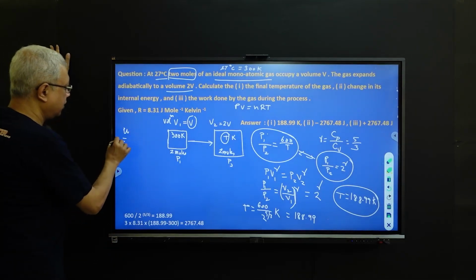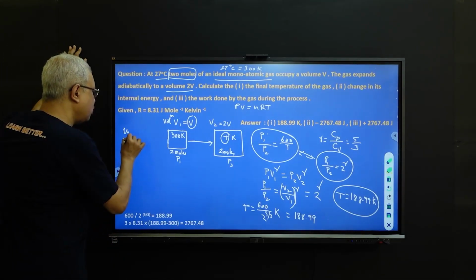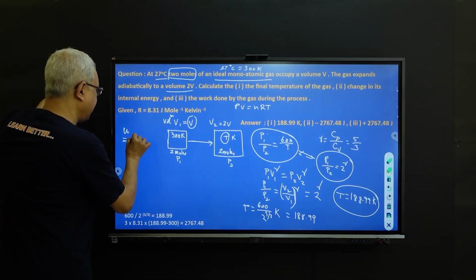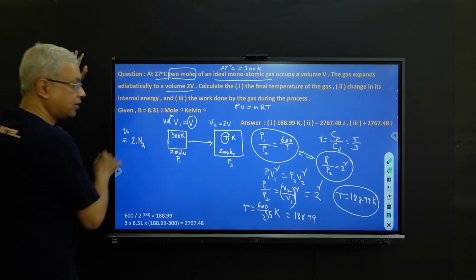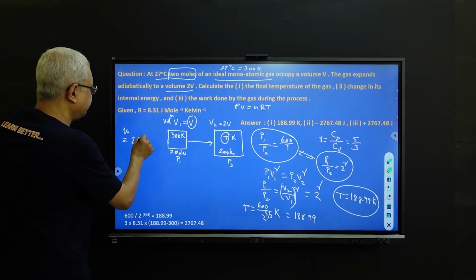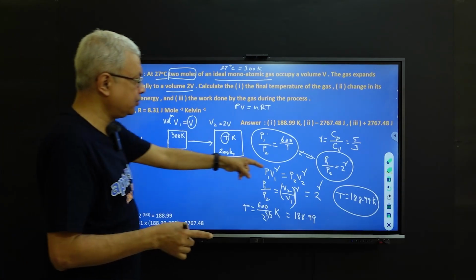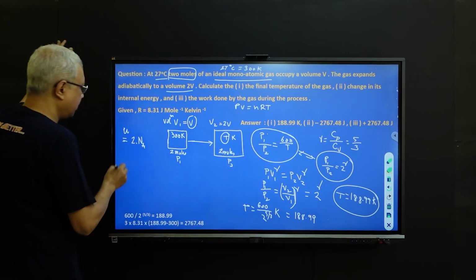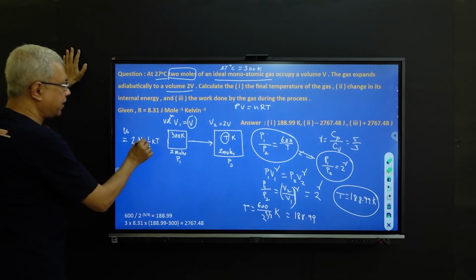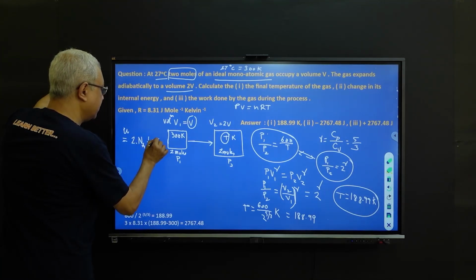There are 2 moles of gas, multiplied by Na, Avogadro number, into half kT multiplied by 3.